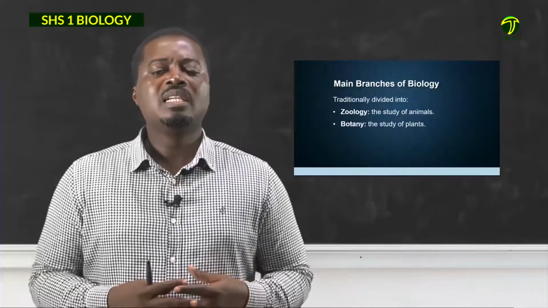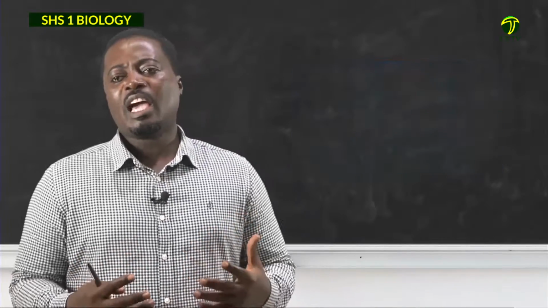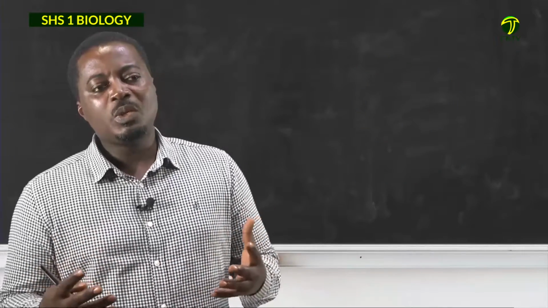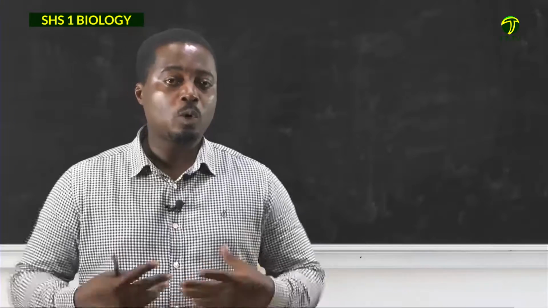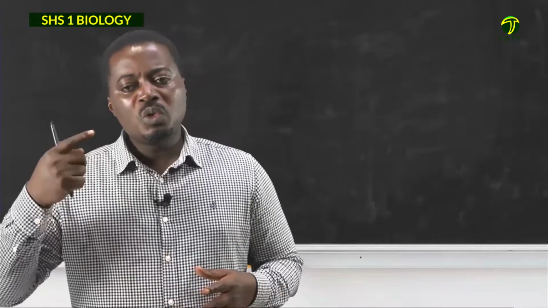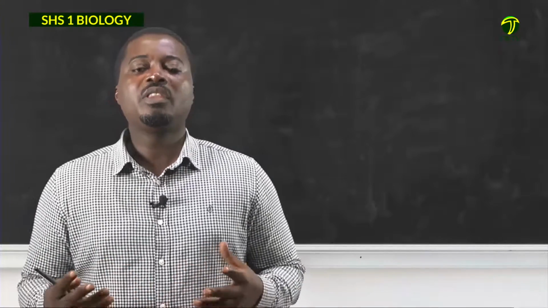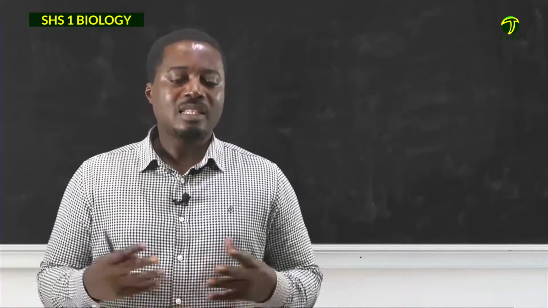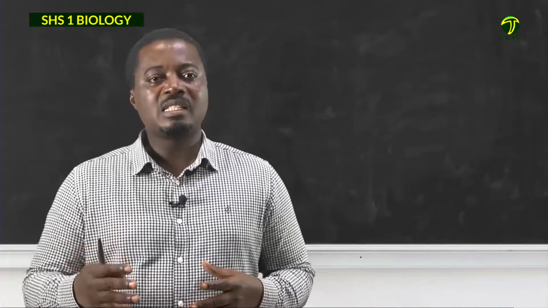We also say that living things are able to respond to changes within their internal and external environment, which we call stimulus. When they are able to respond to these changes, we say that living things are sensitive, which is called irritability or sensitivity.